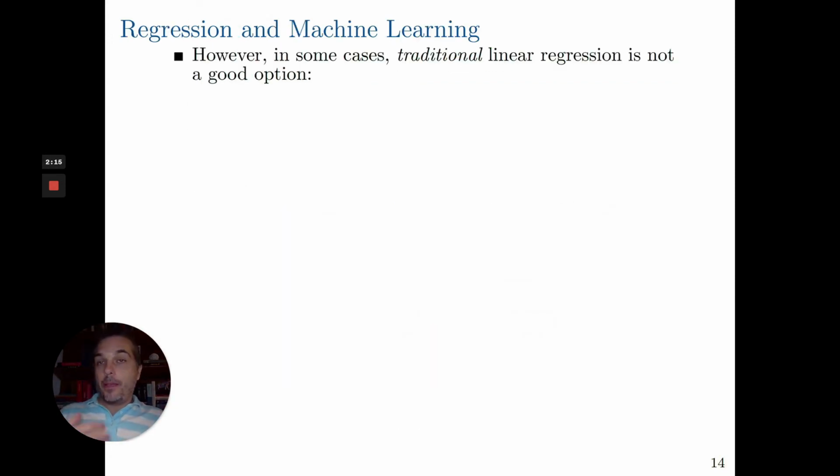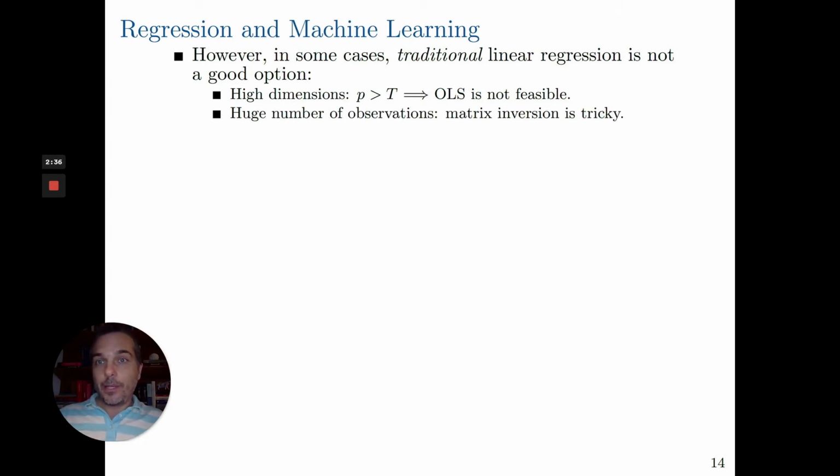Of course, in some cases, the traditional solution to linear regression is not a good option. First one, when P is larger than T, when we have more variables than observations. OLS is just not feasible in this case.